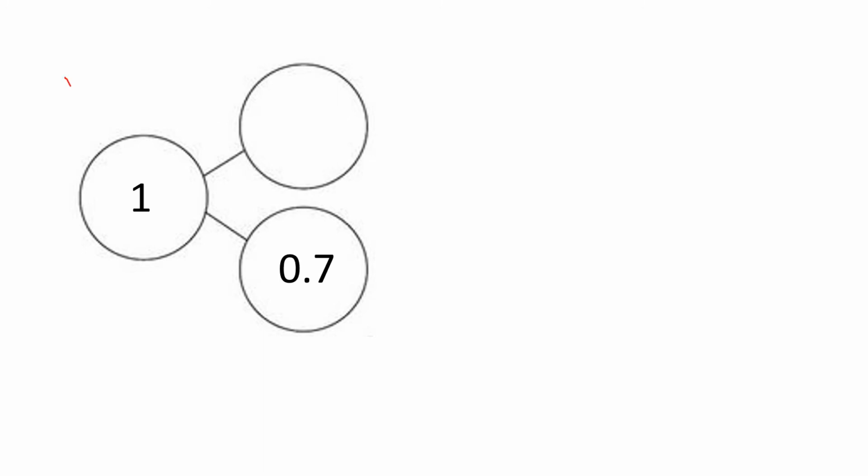So we have the whole over here, and we have two parts, 0.7 and something. So 0.7 plus something equals a whole. Now, you can write 0.7 as a fraction, which would be 7/10.